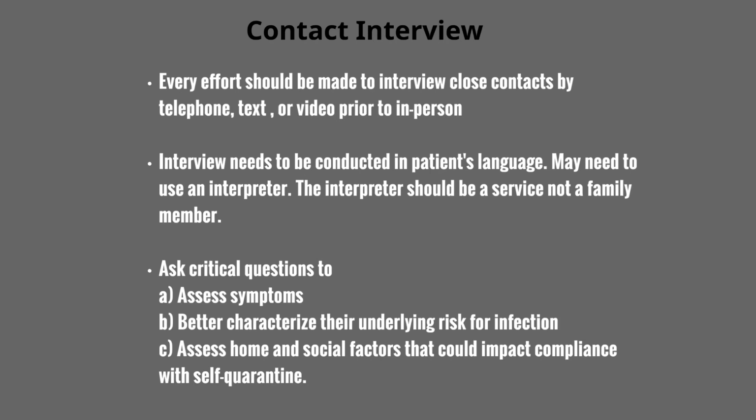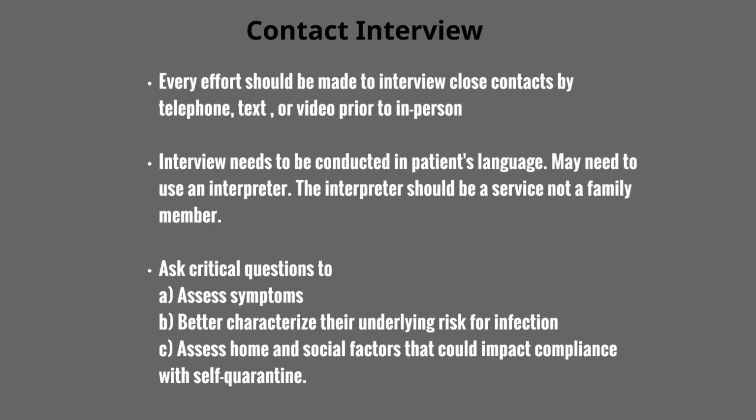You are going to ask critical questions when you're interviewing these contacts. Your main steps are to assess the symptoms. Back in Module 1, we talked about severe versus non-severe symptoms. That's very important. Better categorize their underlying risk for infection.